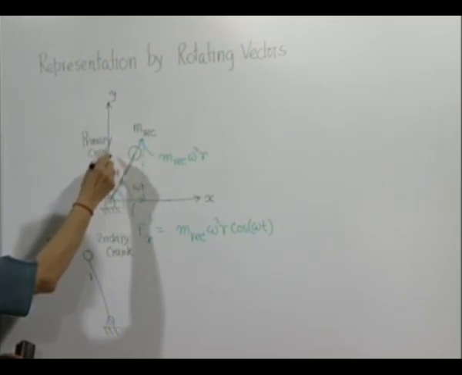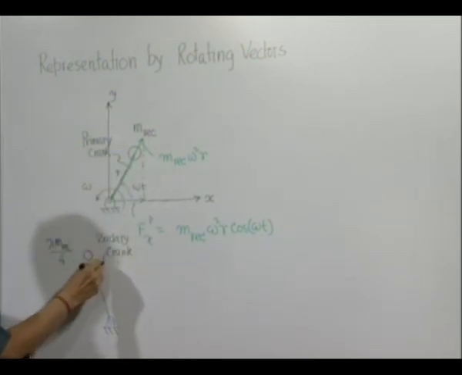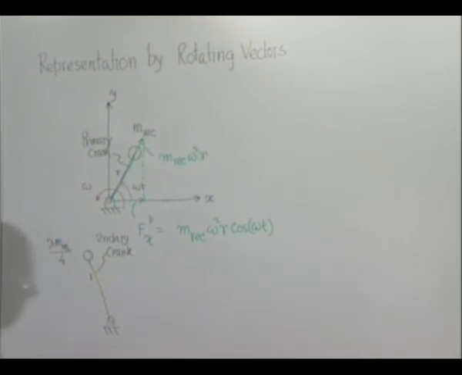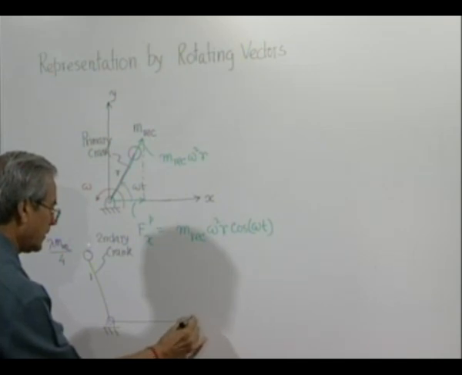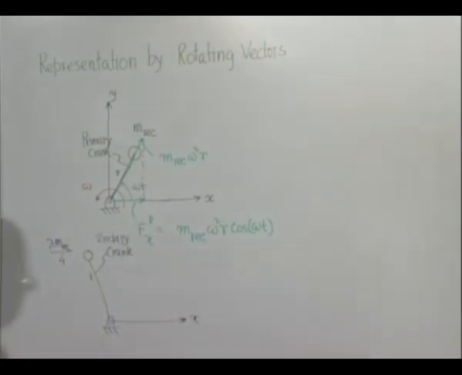These terminologies will be useful at a later time, and let us allow this secondary crank to rotate at a speed double the speed of the primary crank. That means with a speed 2 omega.